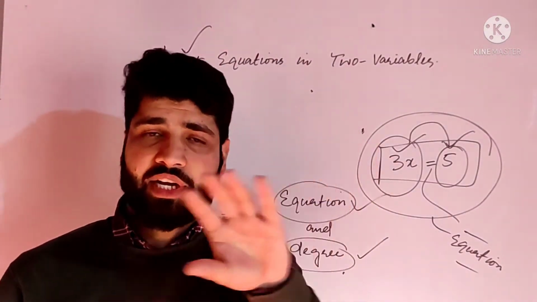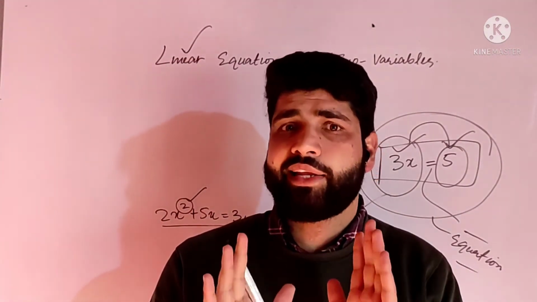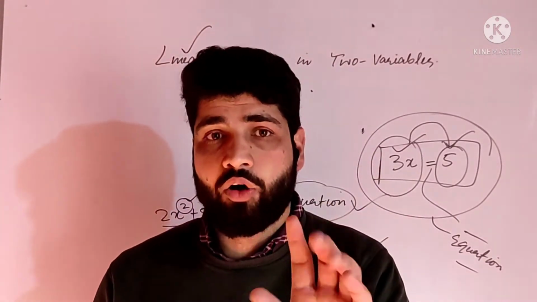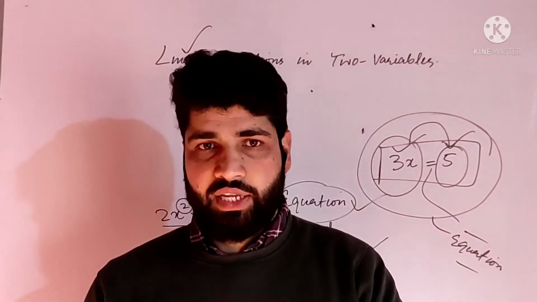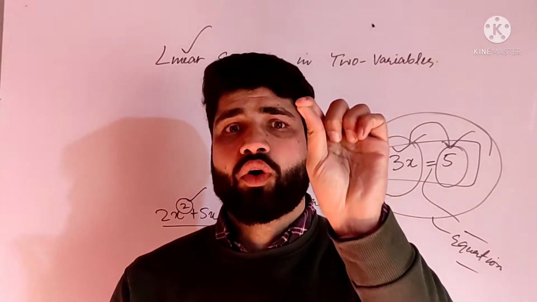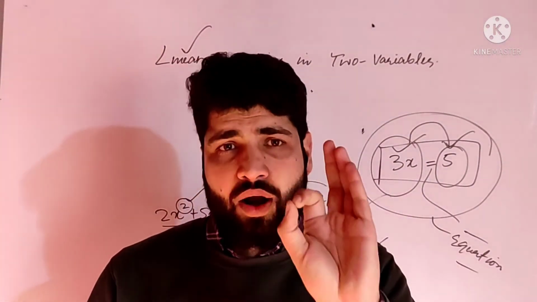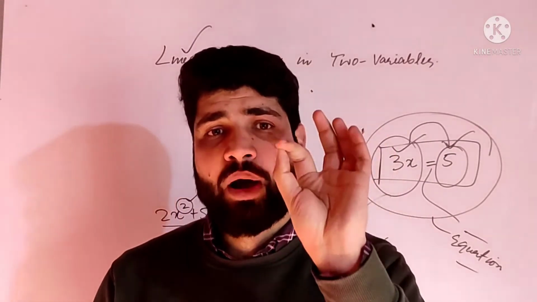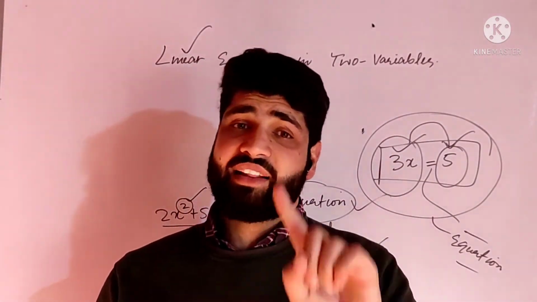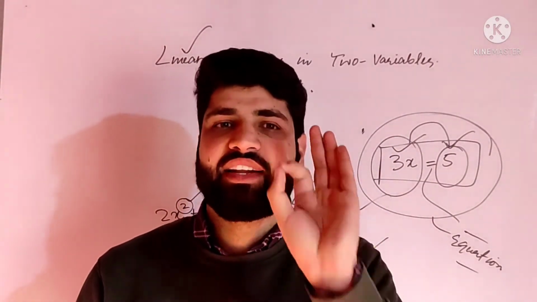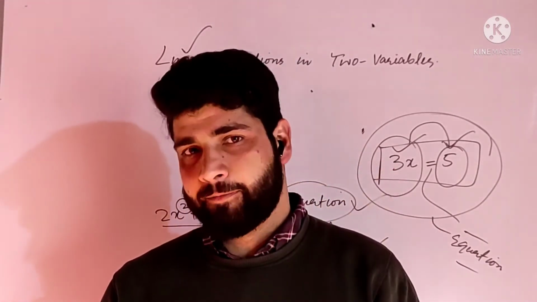So in any equation, when we have the variable quantity, we have to focus on the highest exponent, the highest power of the variable, and that is considered the degree of that equation.